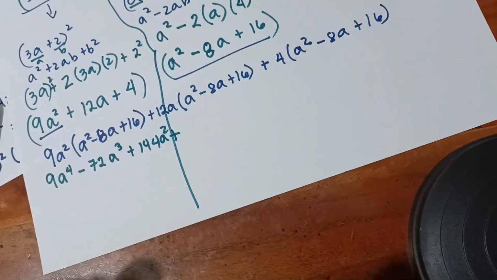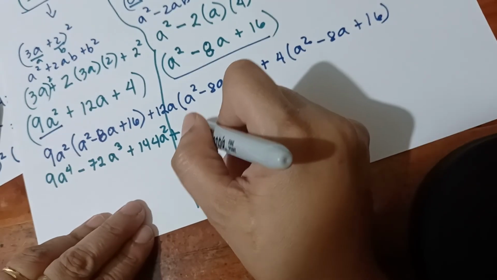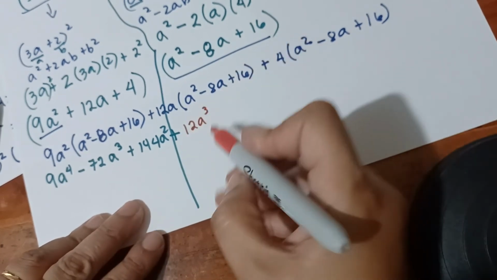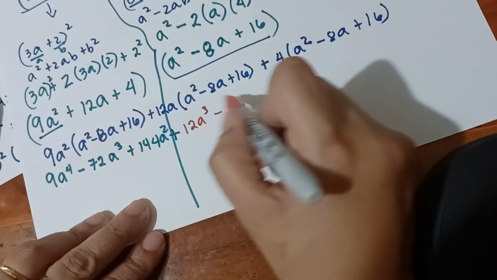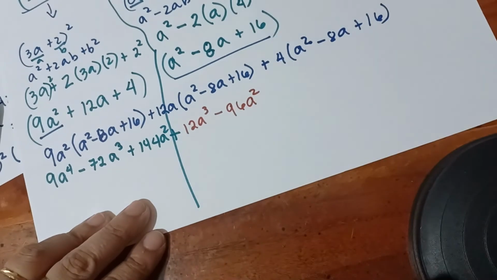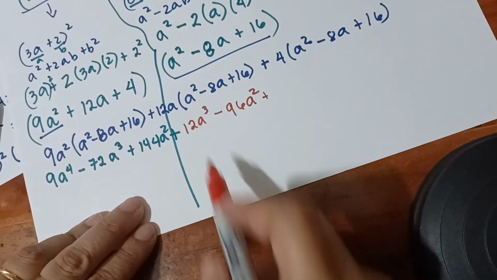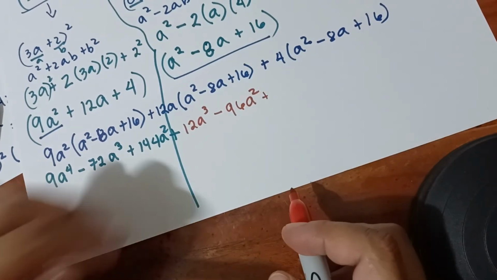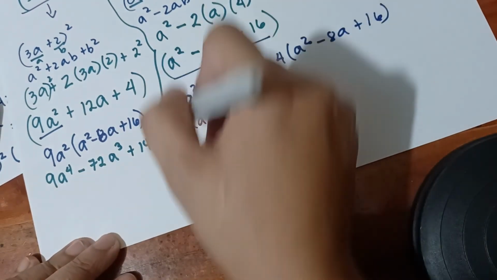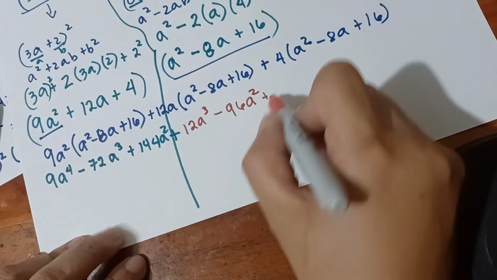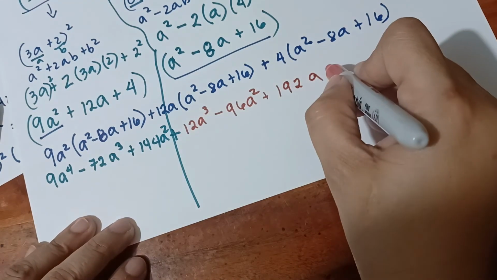So, 12a will be what? 12a times a squared, so that will be 12a cubed minus 12 times 8a, so 96a squared. Okay? So, plus. 12 times 16, so 192a.